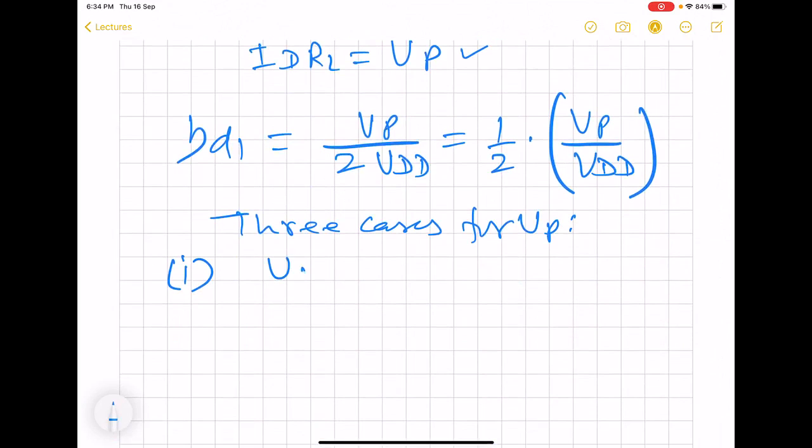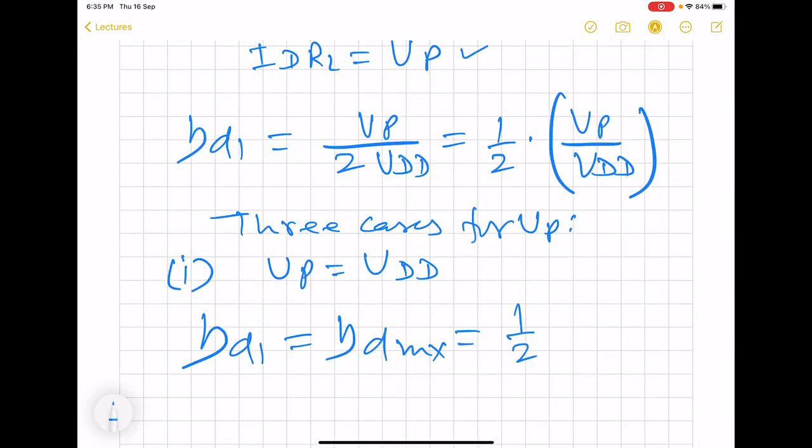So first is VP equal to VDD. So we have such a scenario. In this case, you can see that eta D1 is actually going to be the eta D maximum, and it is going to be 1 by 2. So this is going to be the maximum value.